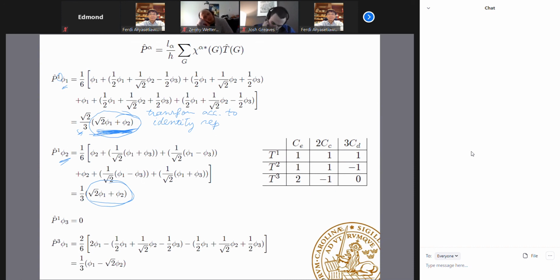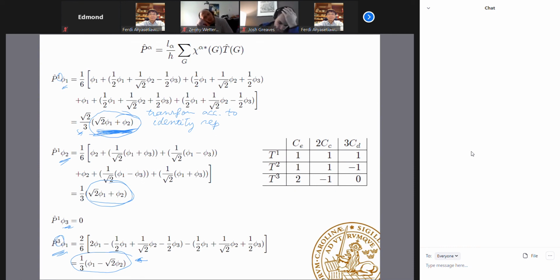So it's only one function. And if we apply to phi 3, it becomes 0. We can do this also with P2 and P3. I think if you do P3, you don't get anything. Here's another example. If we apply this phi 1 to P3, we find these linear combinations. So then we know that this particular combination transforms according to the third representation.